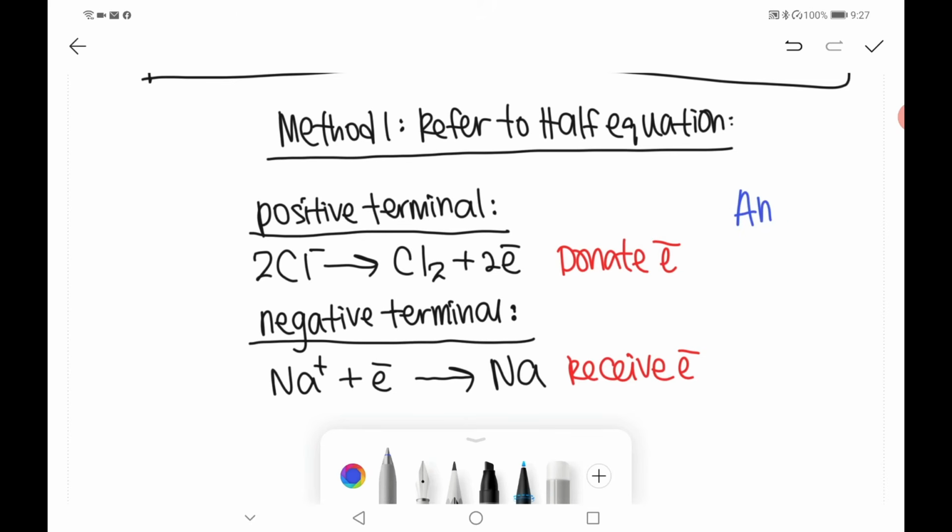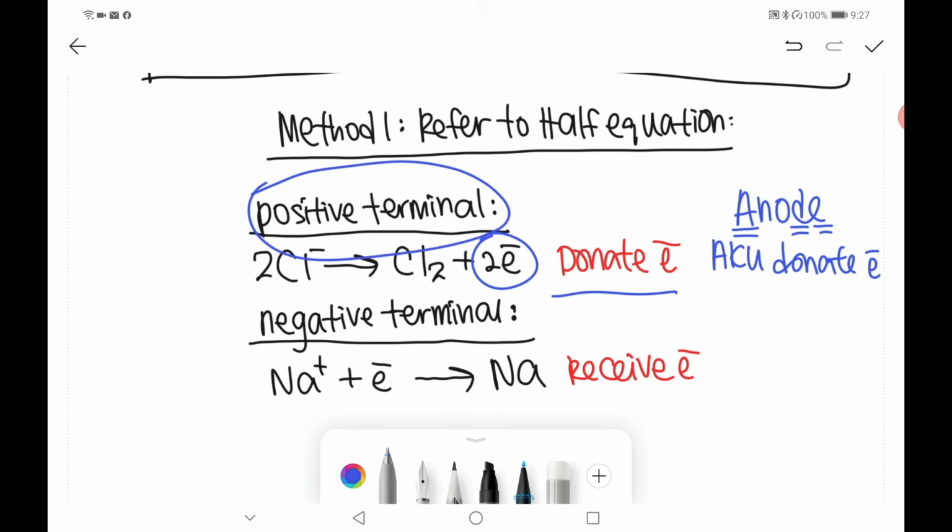Anode: A stands for aku, D stands for donate, E stands for electron. Aku donate electron. So anyone who donates electron is anode. Since you donate electron at the positive terminal, your positive terminal will be anode now.